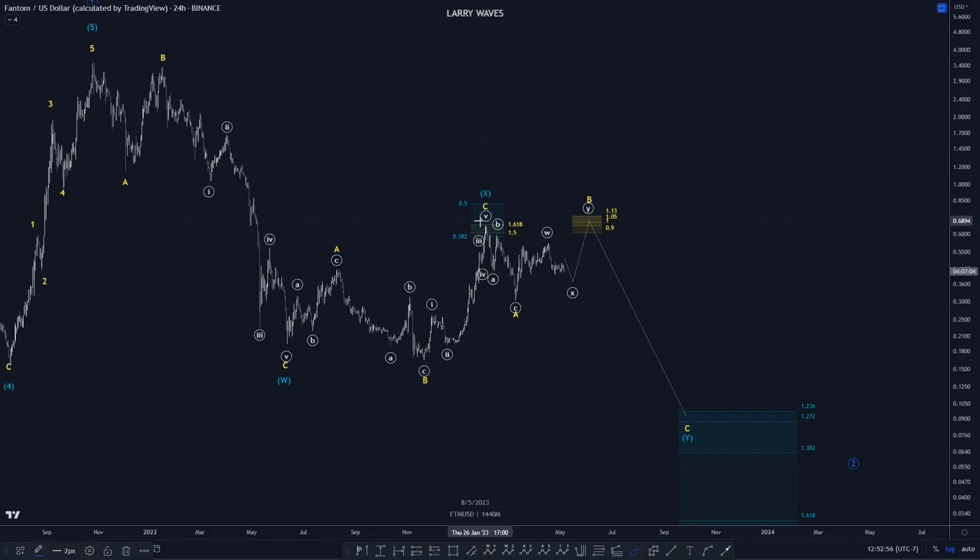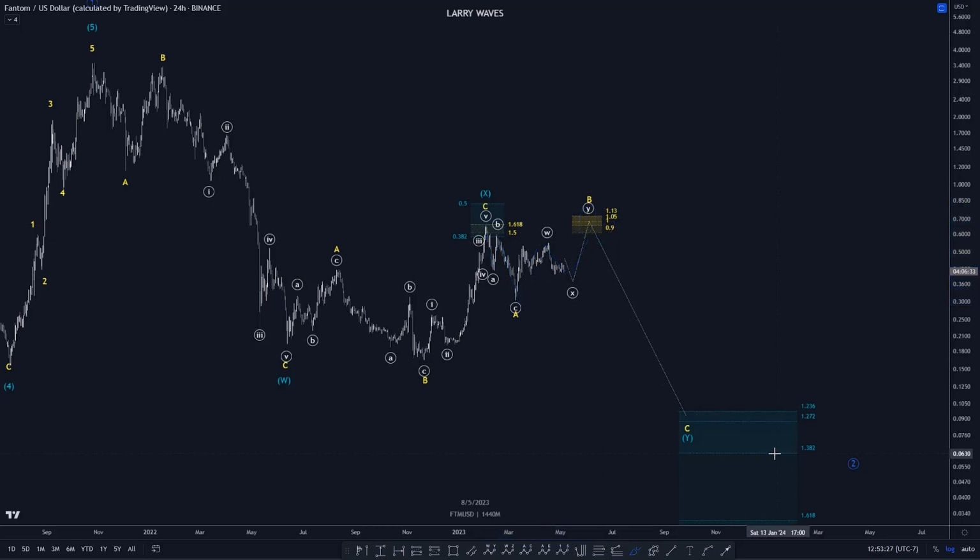Because this is a three-wave move right here, this either has to be the start of a flat or the start of a complex correction. And as of right here, we have it shown as a flat because it's a three-wave move, and we come up into this flat zone.